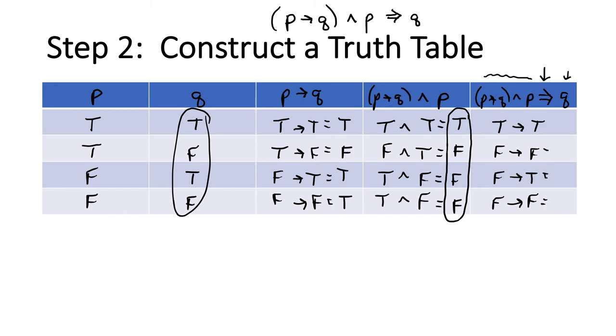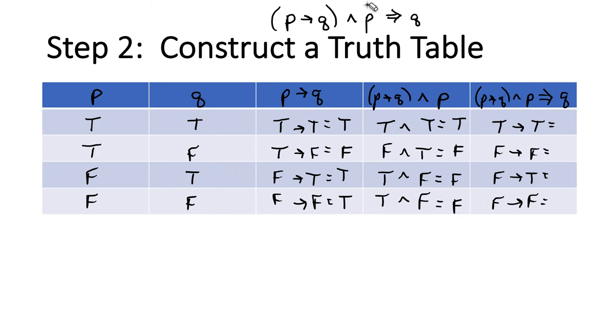All right, and then we'll use our if-then chart to come up with our final answers. So we know on the if-then chart that the only one that is false is true arrow F, which we don't have that one. So all of these are true. And so our final answers are true in every case, which remember we call this a tautology if it's true in every case.